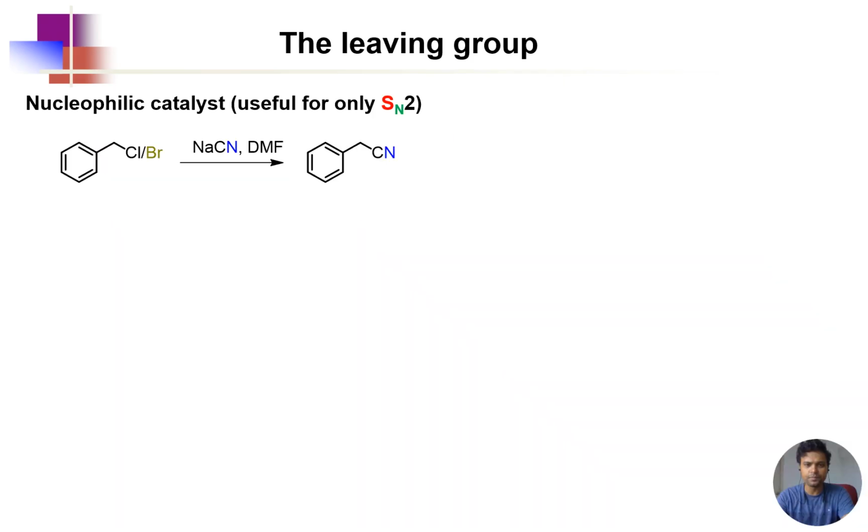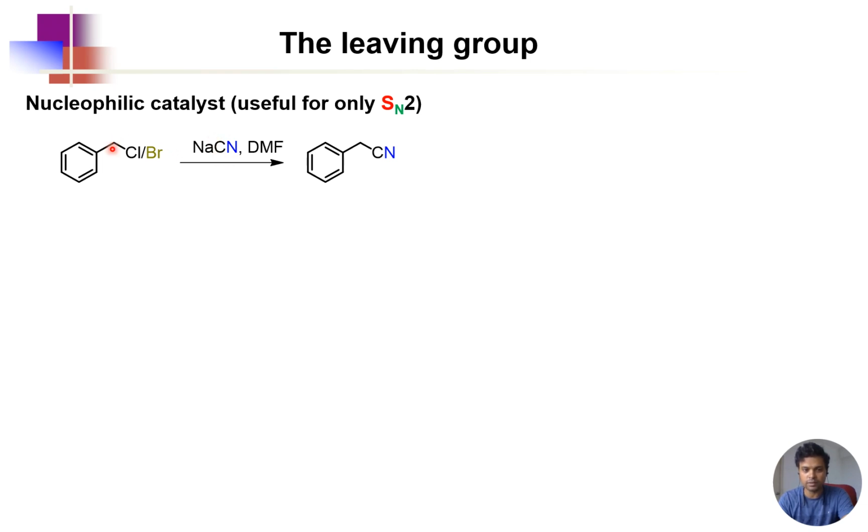So, the catalyst I was talking about. In many SN2 reactions, we use iodide as a catalyst. For example, here you have a benzyl chloride or benzyl bromide that you want to substitute with cyanide. You can use sodium cyanide as a nucleophile, and DMF is used to dissolve the sodium cyanide.